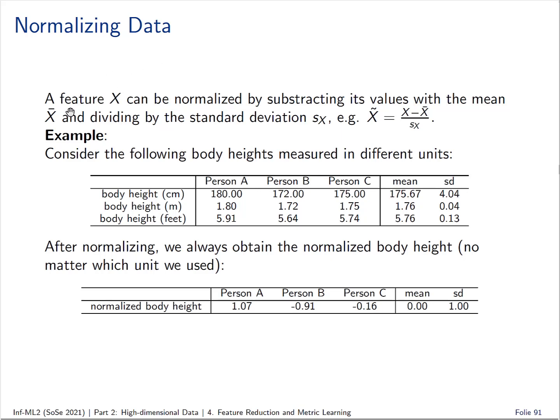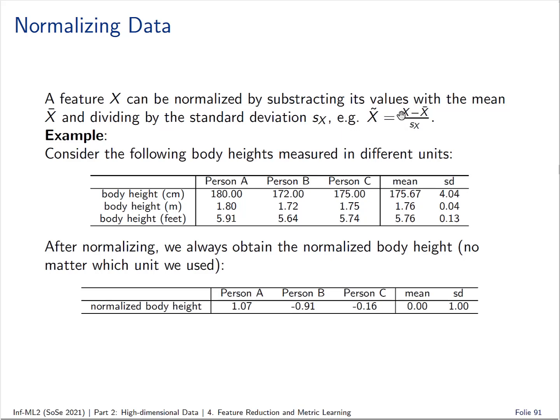A very common way to normalize features is by subtracting the mean of the feature's values from each value. So we have a feature X, and we can compute the mean value of all observations in that feature, which is X bar here. We subtract the mean from all original values and divide by the standard deviation, denoted here with Sx, the standard deviation of feature X. That gives us the normalized feature values, X tilde.